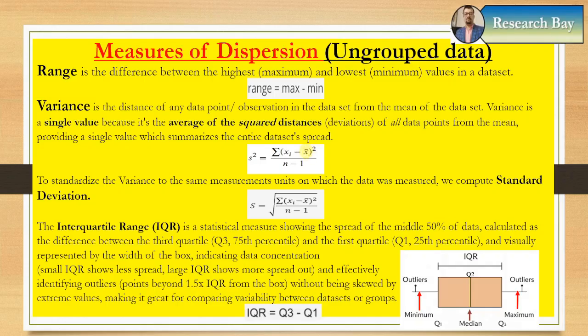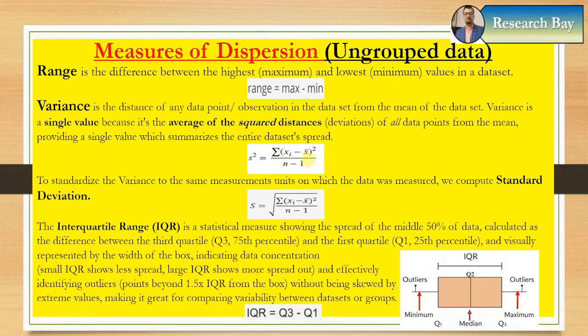So put that mean over here and say the first score was 4: 4 minus the mean, then squaring it, summing up all the deviations of all the data points from the mean, and then in the denominator you put n minus 1. N is the sample size, which is 15 in our case, minus 1, that is 14.